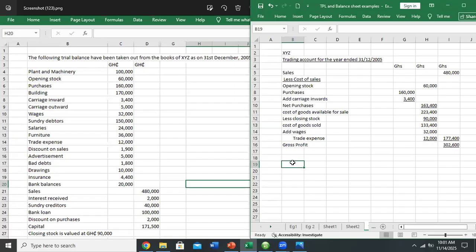So even though I have stated that wages is the common trading expense, sometimes watch out. There are some questions you see specifically stated trade expense, or they can even tell you take the rent. We know rent is normally an operating expense, but they can ask you to take the rent as a trading expense.